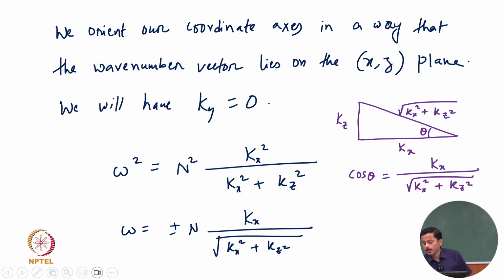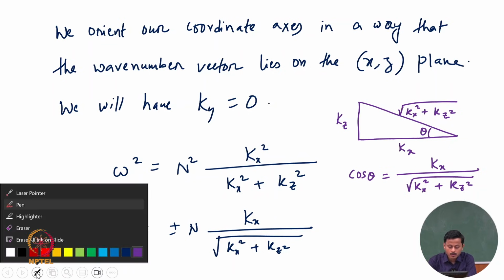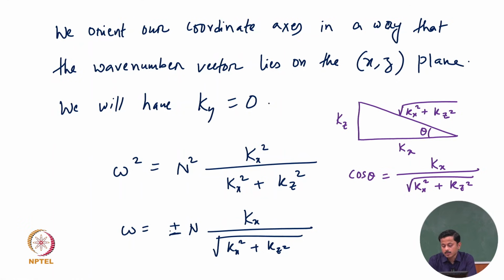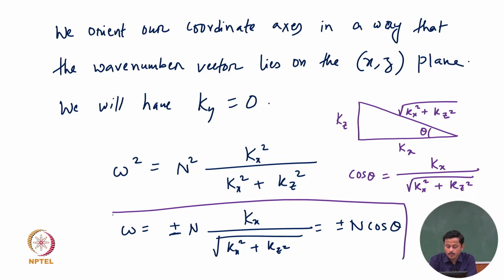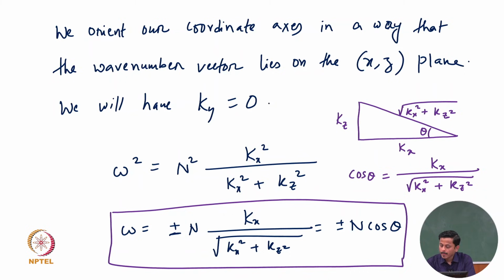Now see why we had to create this trigonometric relationship, because we can now express this whole system in terms of an angle between the horizontal wave number and the wave number of the propagating wave.